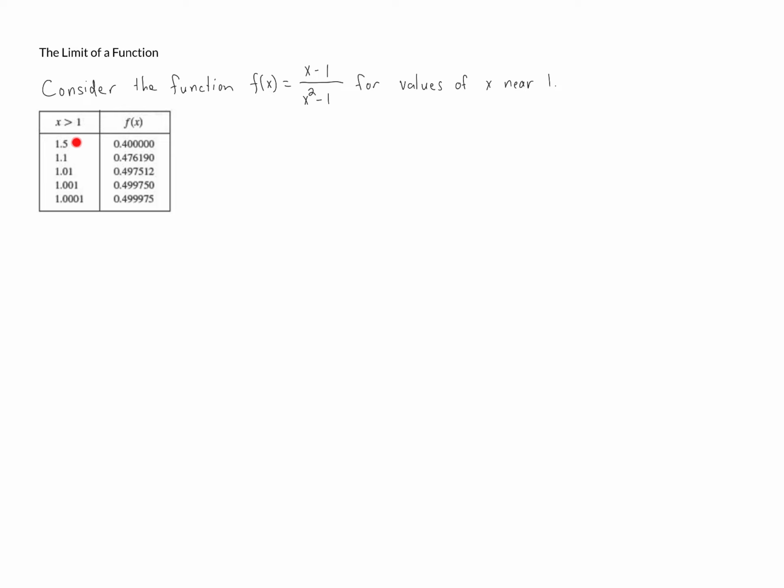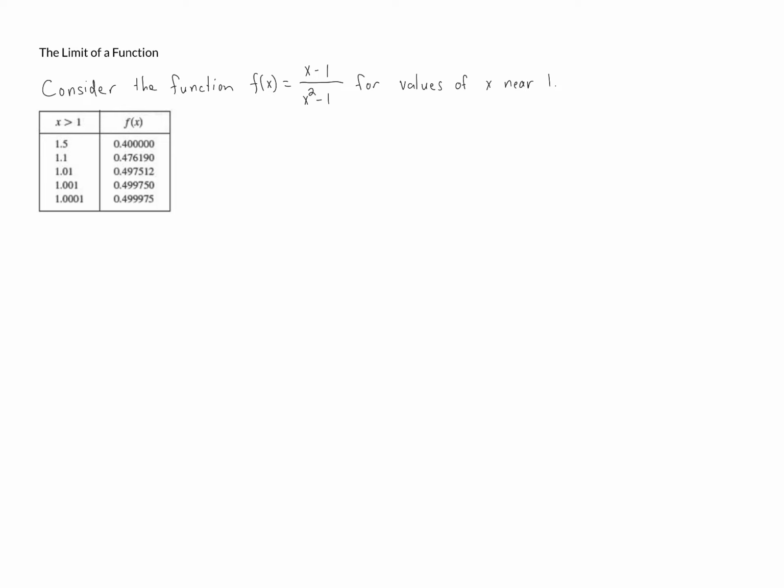If x is 1.5, f of x is 0.4. And then if we start to look at 1.1, 1.01, 1.001, 1.0001, numbers that are getting closer and closer to 1 itself, the values of our function are getting larger, but they're always less than 0.5.